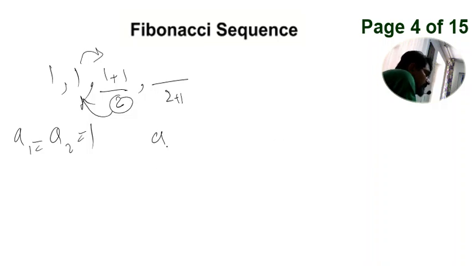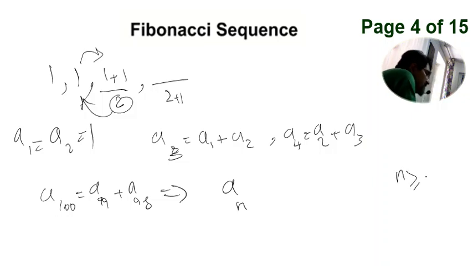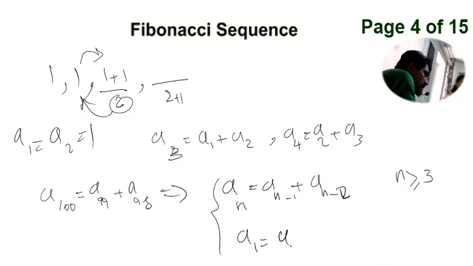A3 is A1 plus A2. A4 is A2 plus A3. A100 is A99 plus A98, and so an for n greater or equal to 3, an is an minus 1 plus an minus 2, starting with A1 and A2 equal to 1.